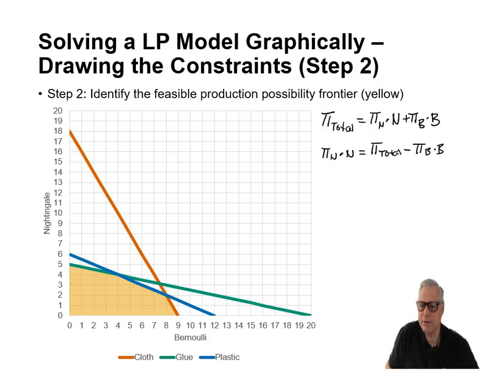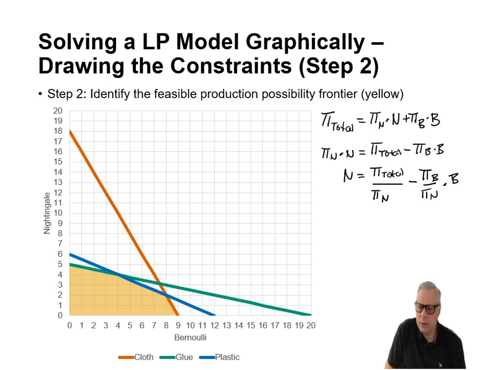And then finally we divide both sides by the unit profit of a nightingale, and then we get n equals the profit total over the unit profit per nightingale minus the unit profit per Bernoulli over the unit profit per nightingale times the number of Bernoullis.